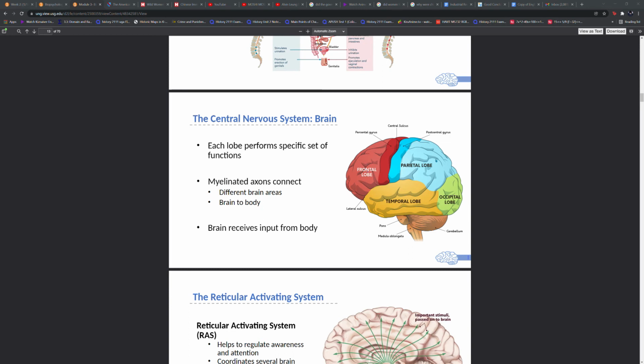So the second lobe that I want to go over is the parietal lobe, I think is how you say it. So this lobe is considered an association lobe, meaning that it integrates sensory information from across the brain.